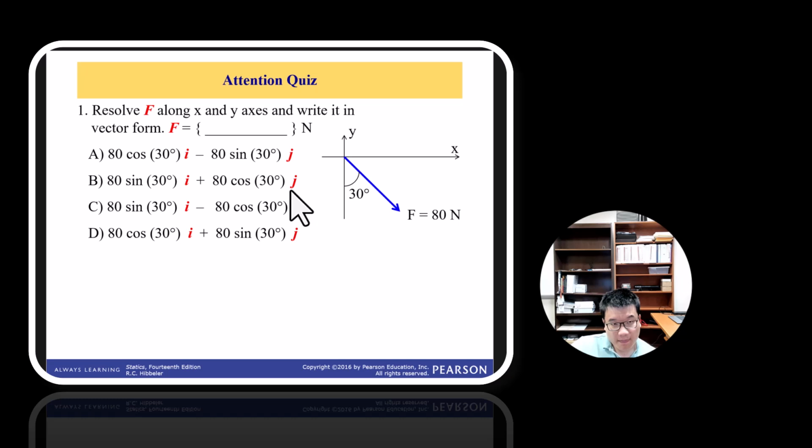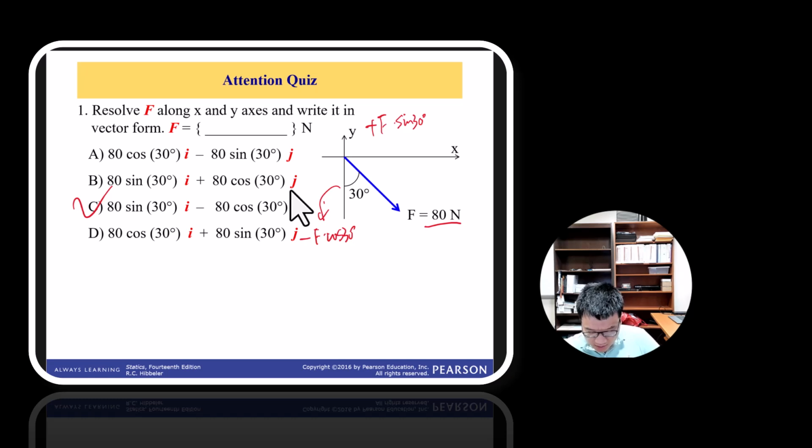F's magnitude is 18 Newton, and the angle between F and the y-axis is 30 degrees. The component on the x axis should be F times sine 30, and it should be positive. On the y axis, it should be F times cosine 30, and it should be negative. So the answer should be C.